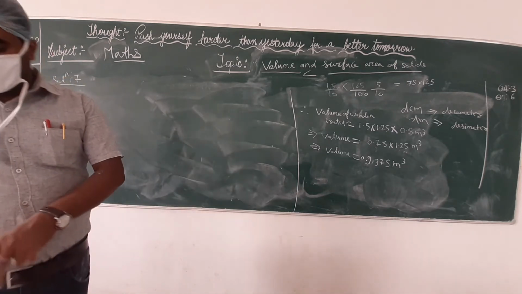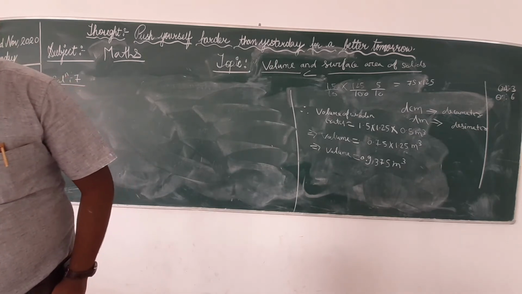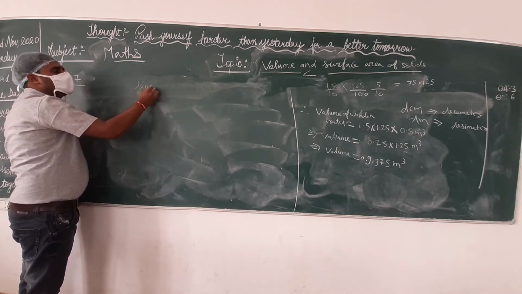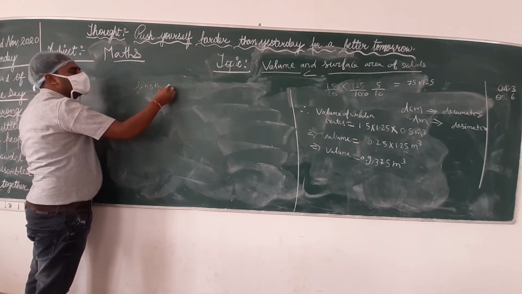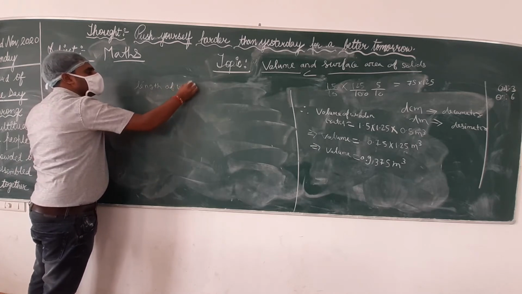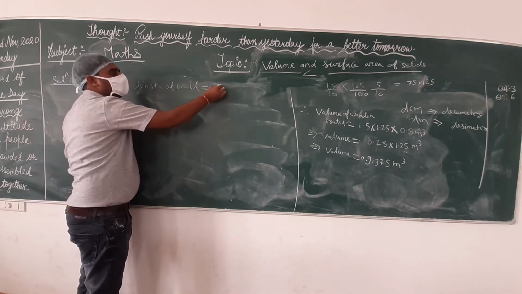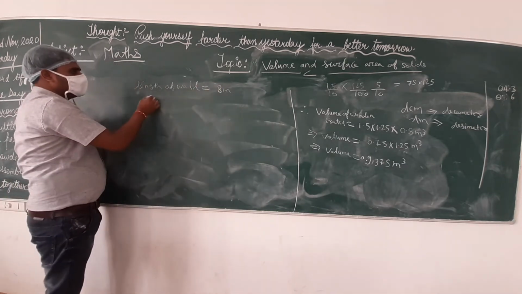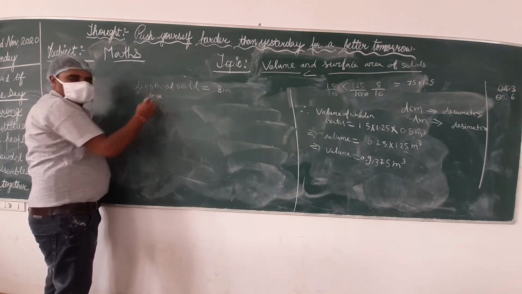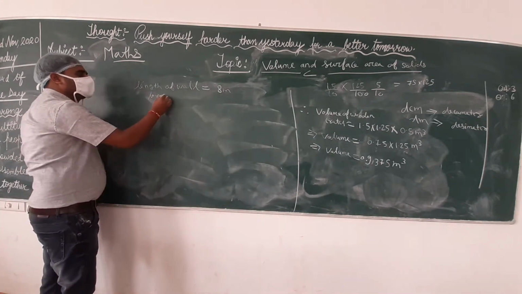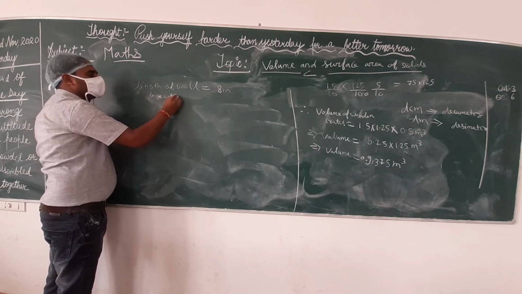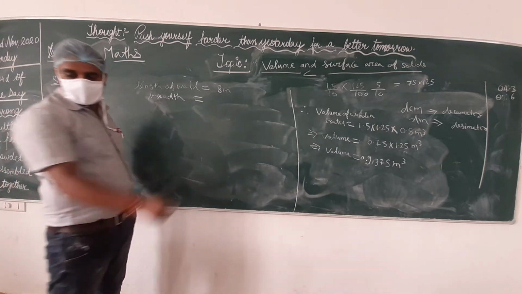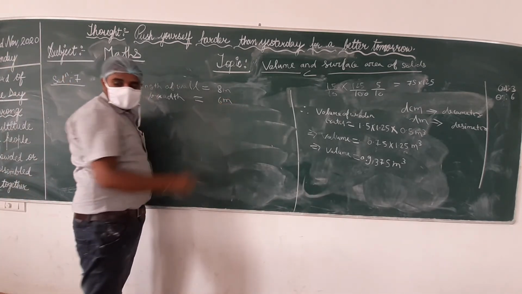You see how many bricks will be required to construct a wall. The length of the wall is given. Length of wall equals what? 8 meter. Like the same, breadth equals what is given? 6 meter.